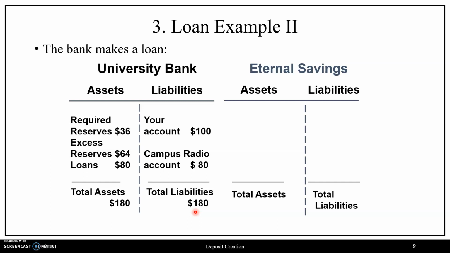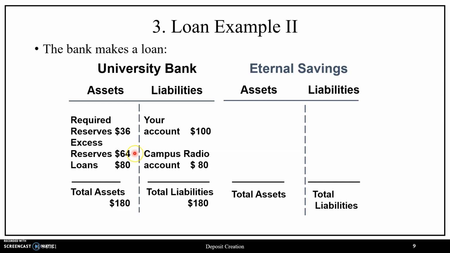Where as far as now calculating our excess and required reserves, given that our total deposit is now $180, our consumer checkings and our firm checkings, scaling this 180 by a required reserve ratio of 20% gives us required reserves of $36.